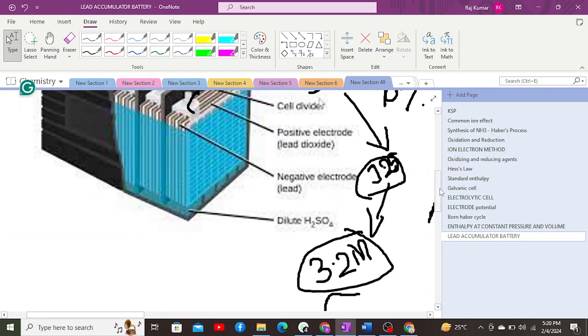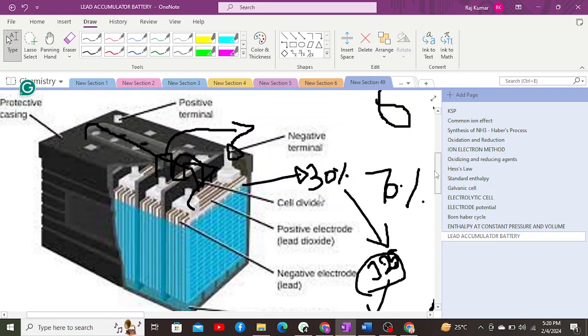Moreover, there are some other MCQ points which I would like to highlight over here. This battery has several cell dividers, right? Cell dividers or glass sheets, and the several electrodes present over here are connected in series combination.